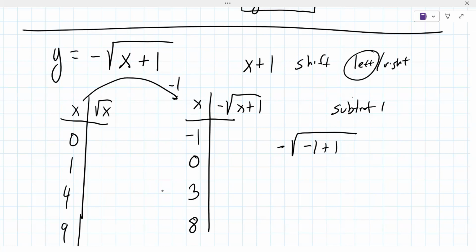The square root of that is going to be 1.